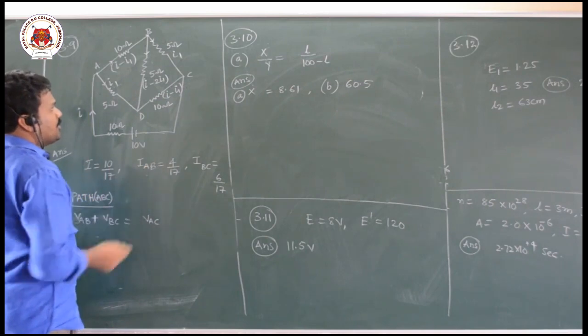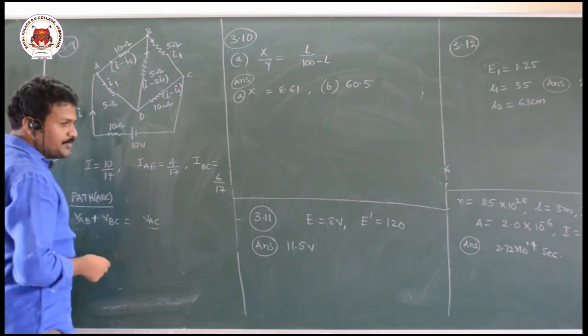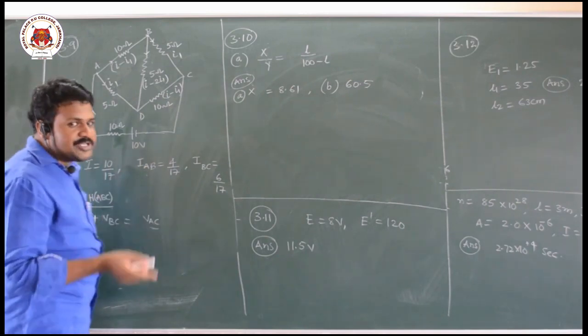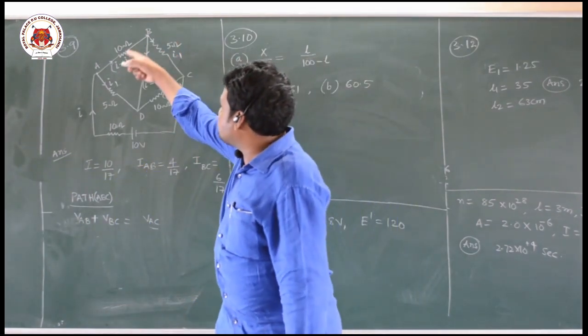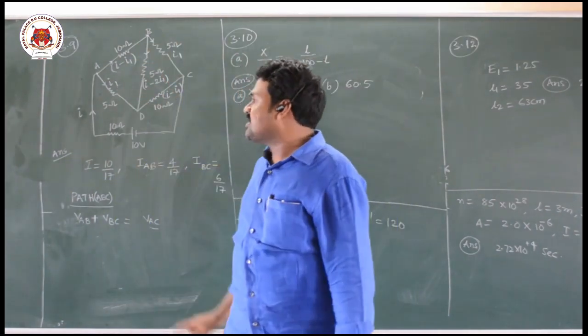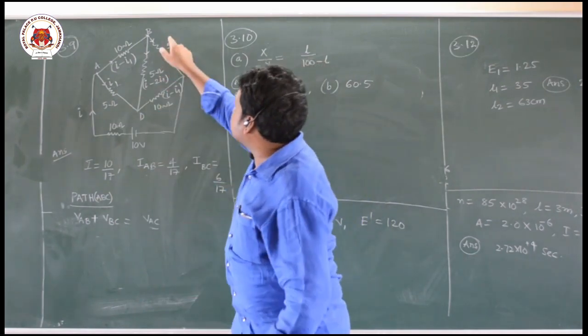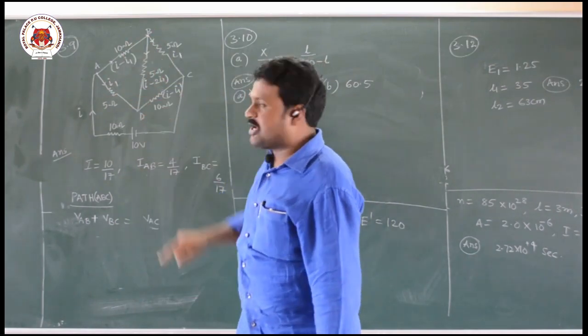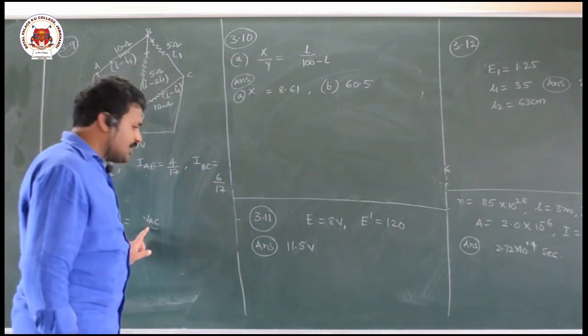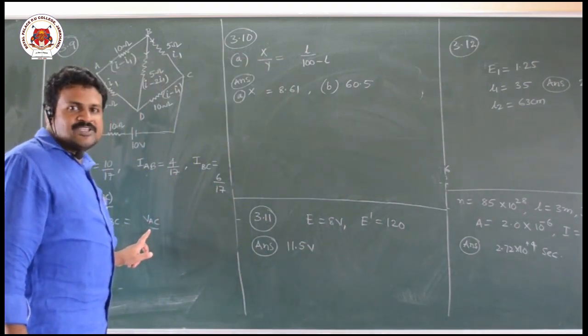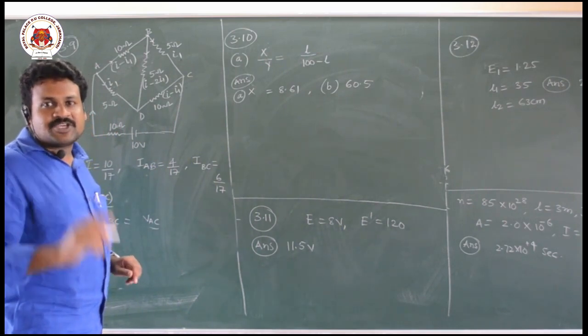I will assume the total potential difference as V, which is equal to the effective resistance into the total current. Here I am finding the effective resistance of this whole Wheatstone bridge. This is an unbalanced Wheatstone bridge. I am calculating this effective resistance using the principle that work done in any path is always the same for a conservative force.